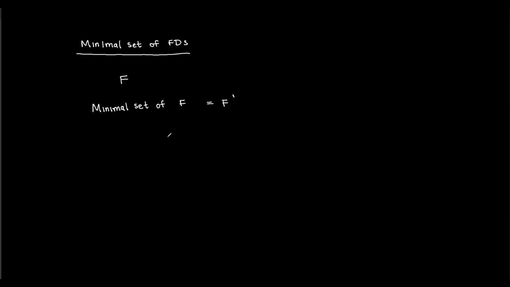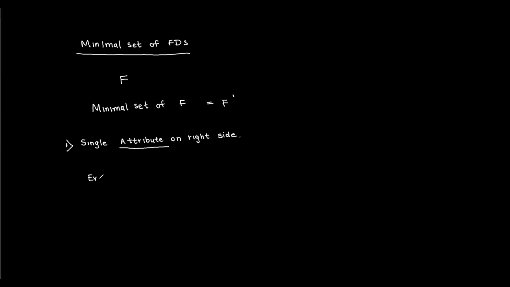So let's continue. There are three key characteristics of a minimal set. The first characteristic is a single attribute on the right side. You have to be very careful. This is not a single set of attributes. It is a single attribute on the right side.